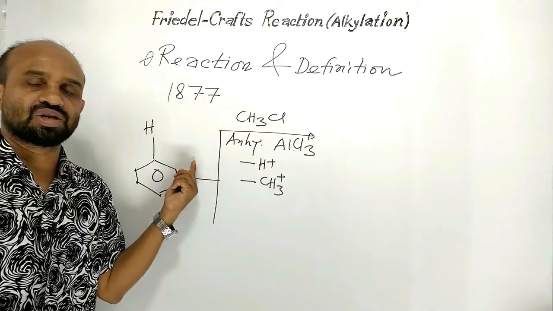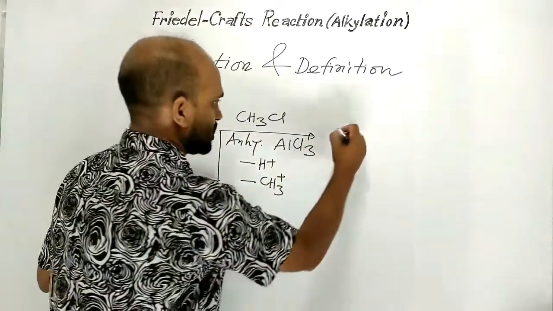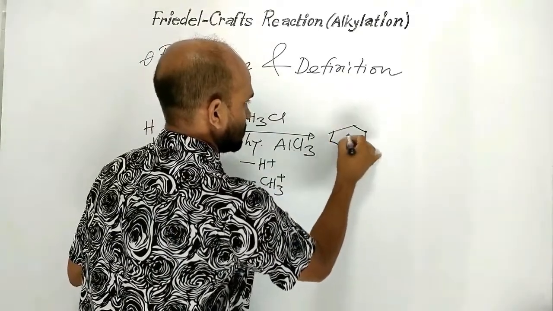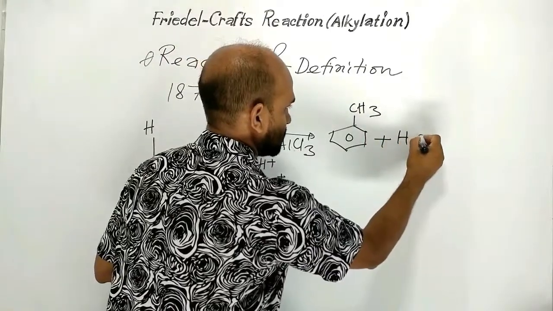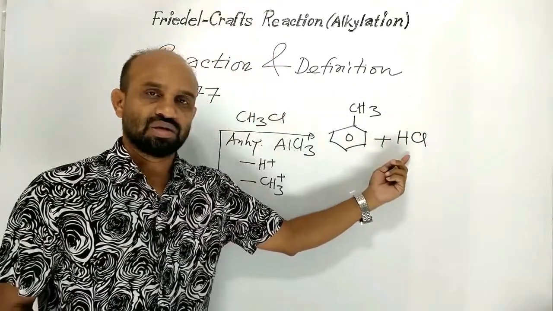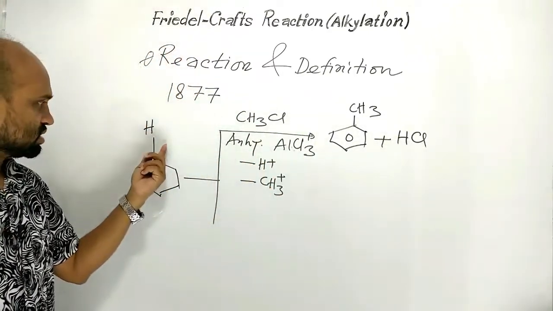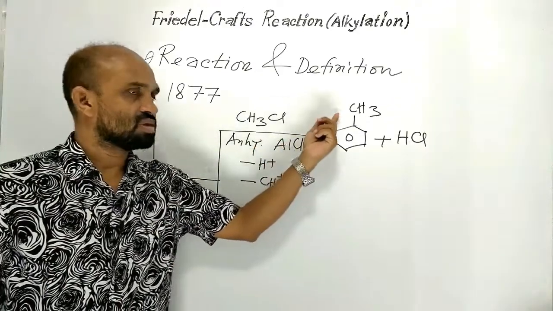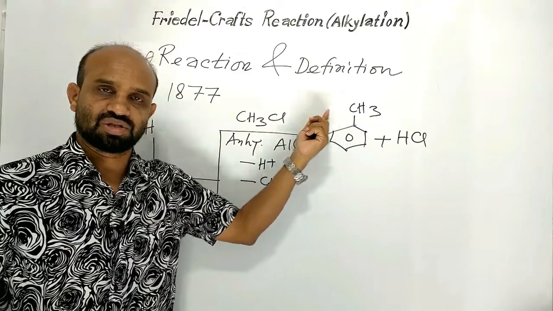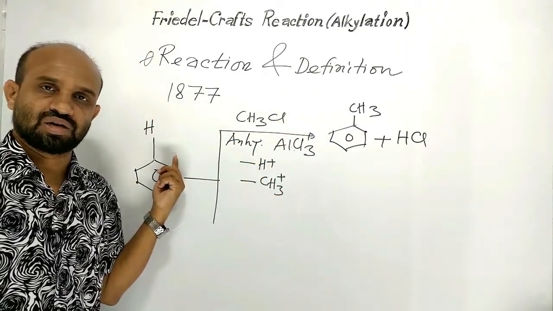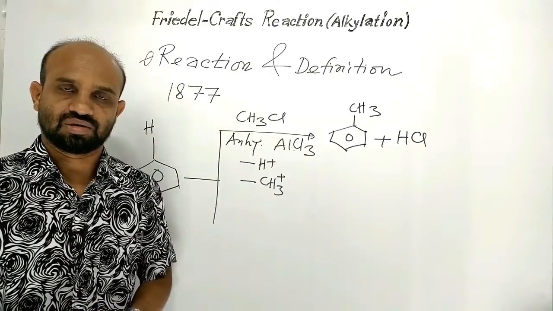So this reaction is a kind of electrophilic substitution reaction, and the product is methyl benzene or toluene, and HCl is produced as byproduct. So this is the reaction in which inclusion of alkyl happens. This is a kind of alkylation which is known as Friedel-Crafts alkylation.